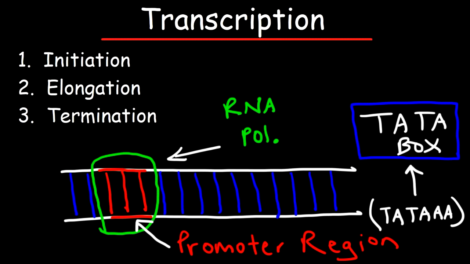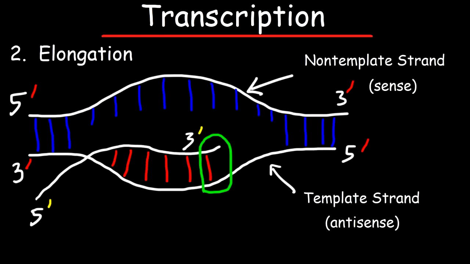In eukaryotic DNA, it's TATAAA, also known as the TATA box. Now, this sequence is located 25 nucleotides upstream of the site where transcription begins. The next thing that RNA polymerase does is it causes the 2 DNA strands to separate.